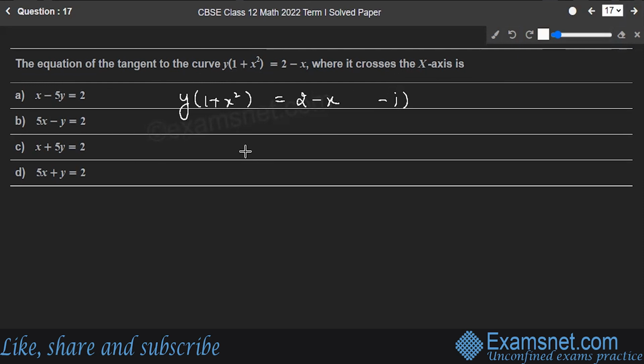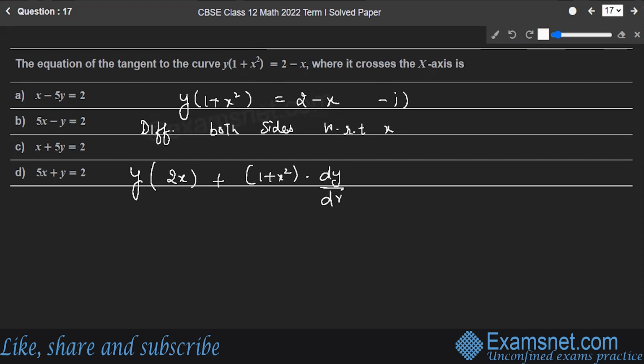Let's differentiate both sides with respect to x. You have first function into derivative of second plus second function into derivative of first is equal to minus 1. I hope you're clear with this.